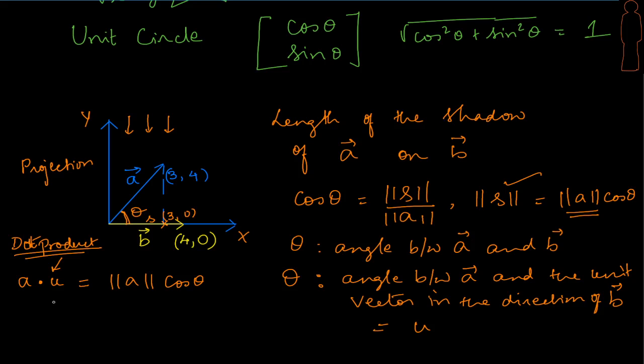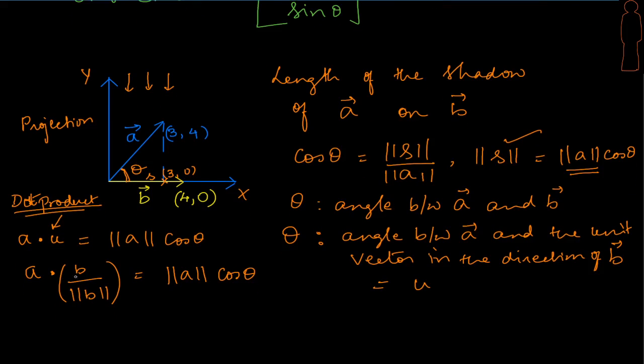Now, if you want to further generalize it, we know that u is the unit vector in the direction of B, and just up here we saw what unit vectors are. So instead of writing it like this, now I can write it as A dot B divided by the magnitude of B. So we can also write it like this and say that this must be equal to magnitude of A cos theta.